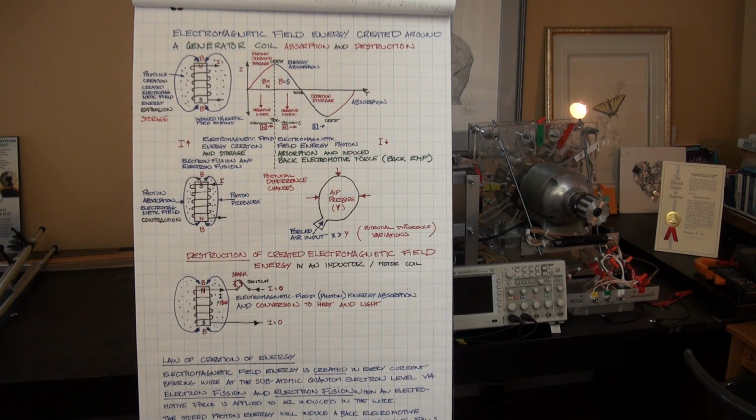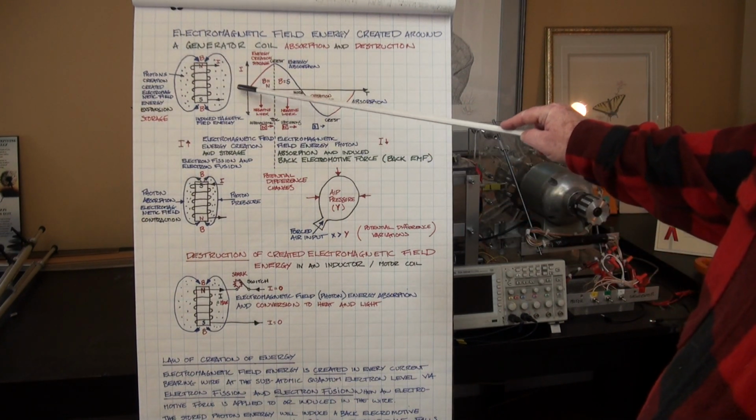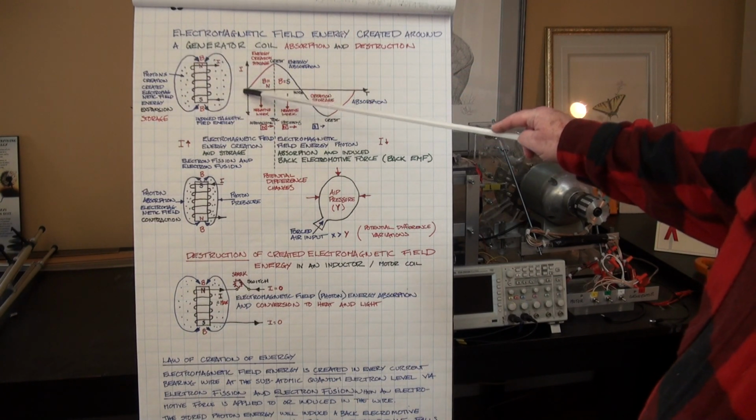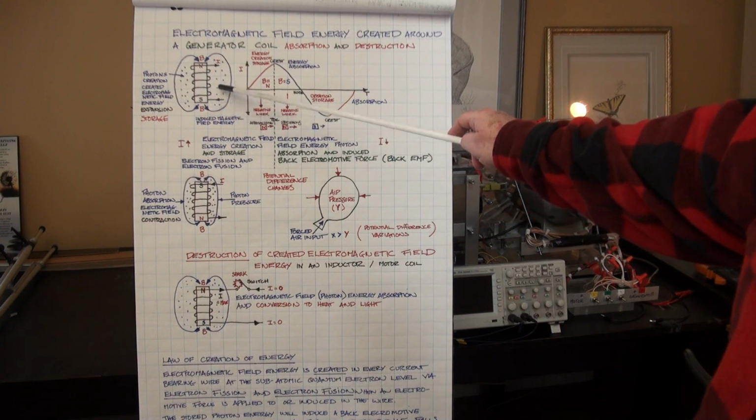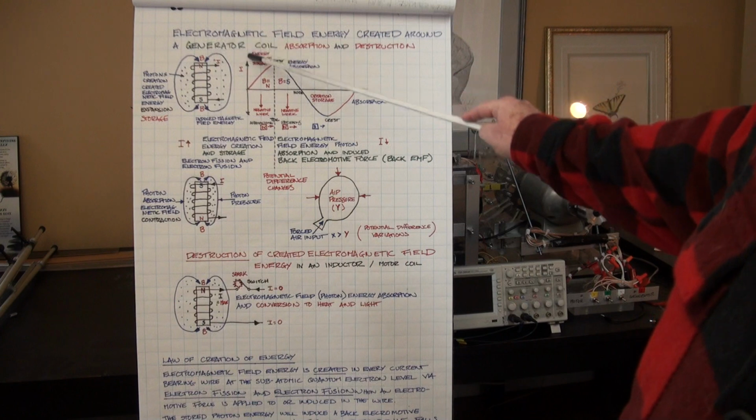The same thing is happening in a generator coil where the electromagnetic field energy around the coil stores increasing amounts of photon energy in the electromagnetic field.